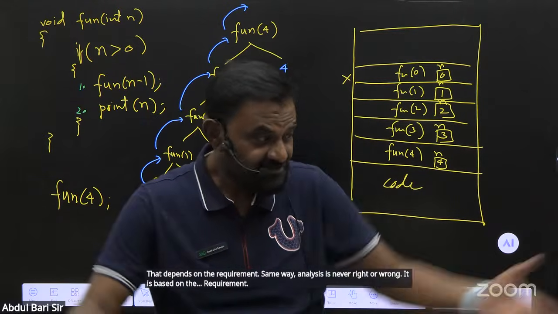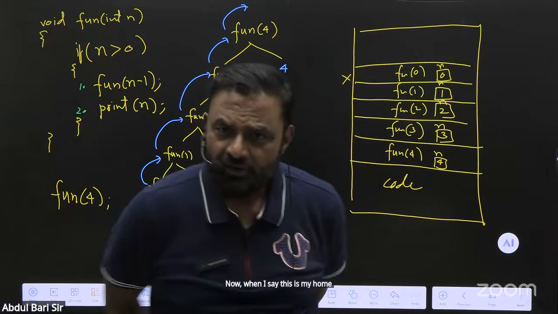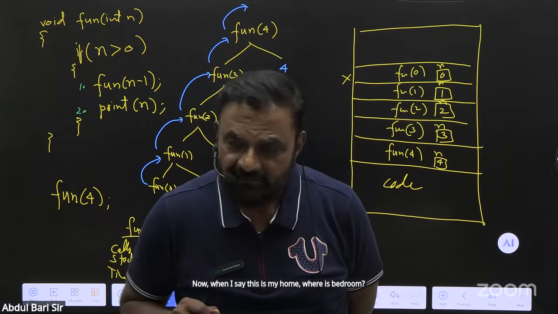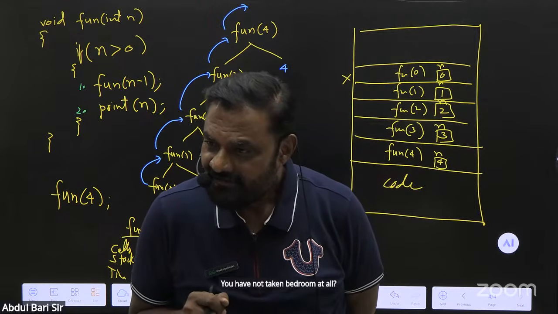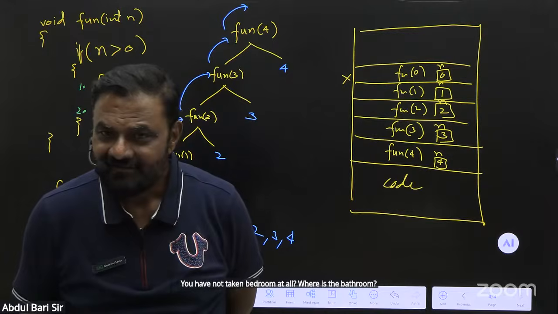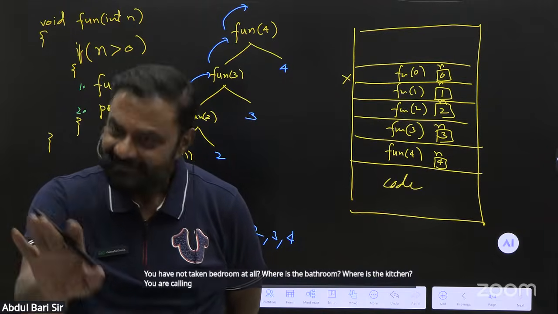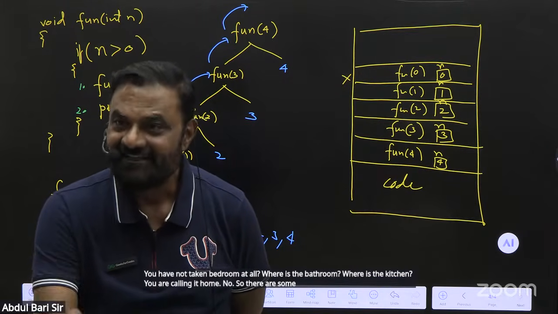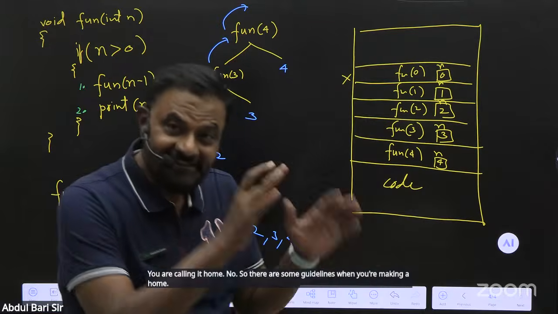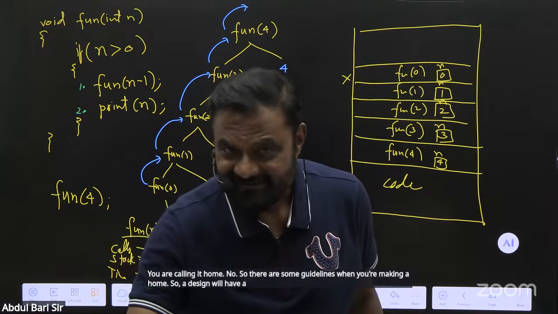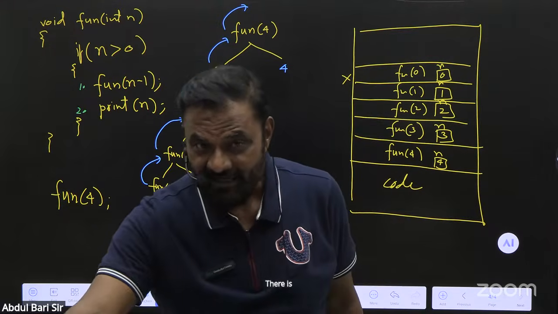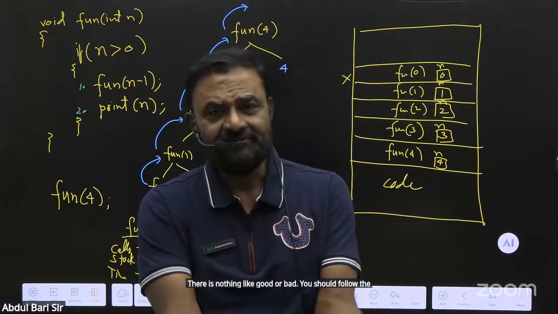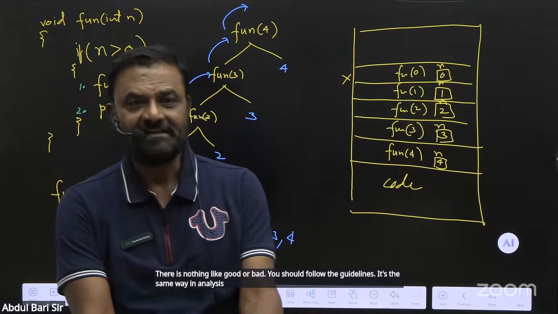Now, when I say this is my home, where is the bedroom? You have not taken a bedroom at all. Where is a bathroom? Where is a kitchen? You are calling it home. No. There are some guidelines when you're making a home, so a design will have guidelines. There is nothing like good or bad; you should follow the guidelines. In the same way, in analysis also, guidelines are there.